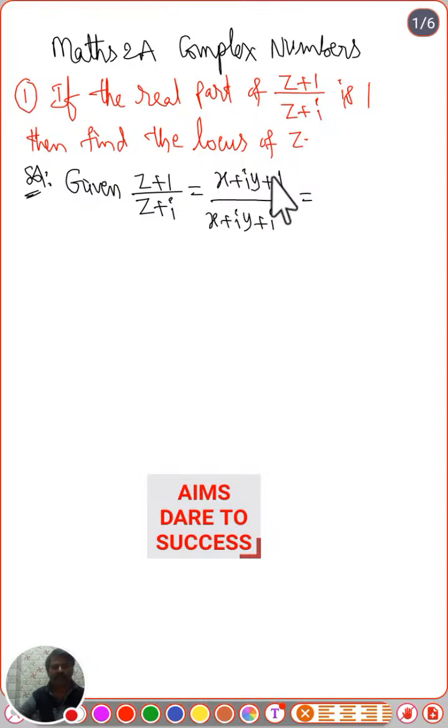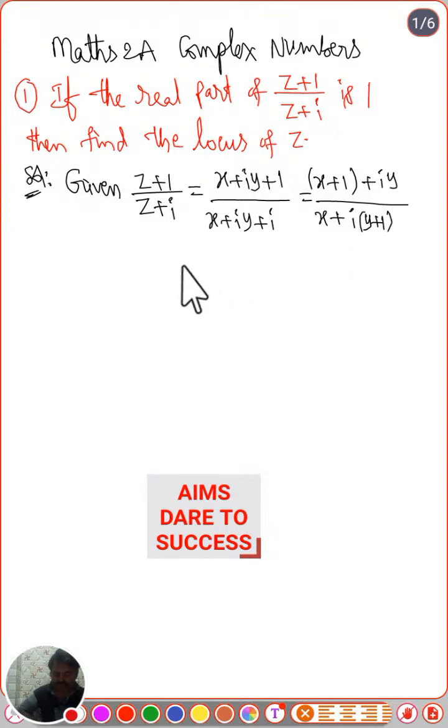Without i values, write in one bracket, that is x plus 1 plus iy, divided by x, and next i is common, remaining value y plus 1.